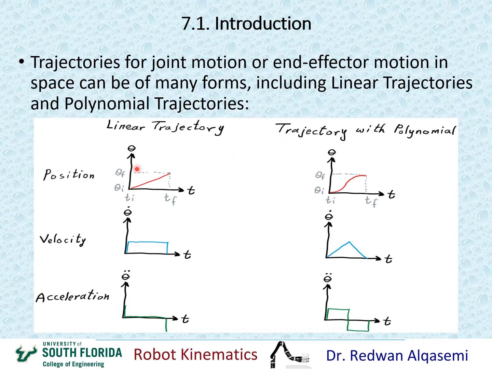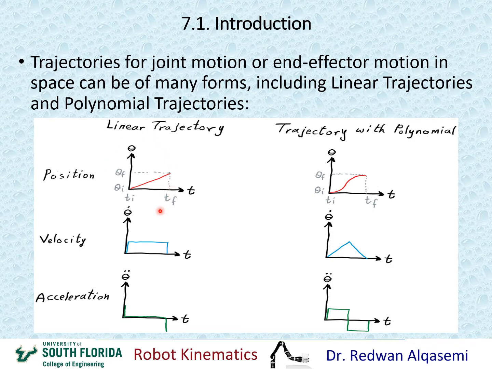And here I'm plotting the position, velocity, and acceleration of these joints. If we look at the linear trajectory position, just as an example here, I put theta, but this can be either theta from joints or it can be xyz from the Cartesian coordinates. So the linear trajectory looks like this. It starts at initial time frame at theta initial and then goes in a linear fashion to theta final at a final time frame.